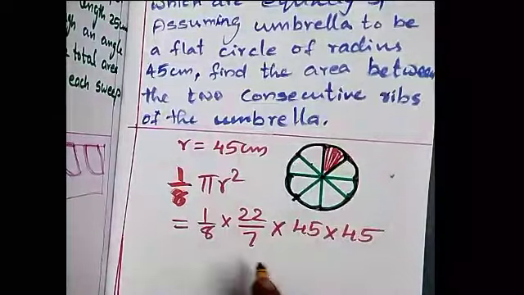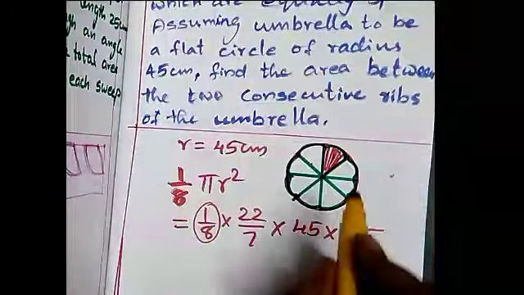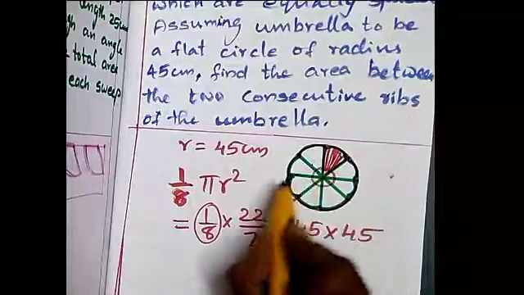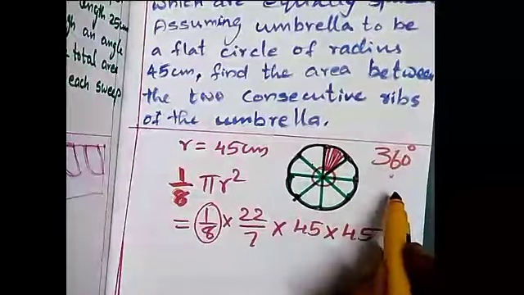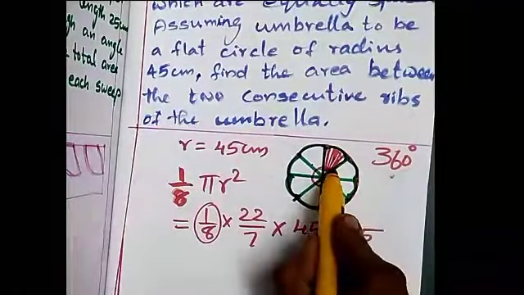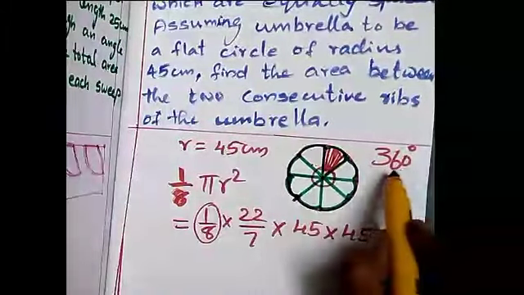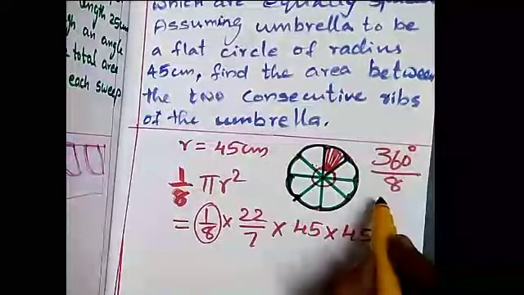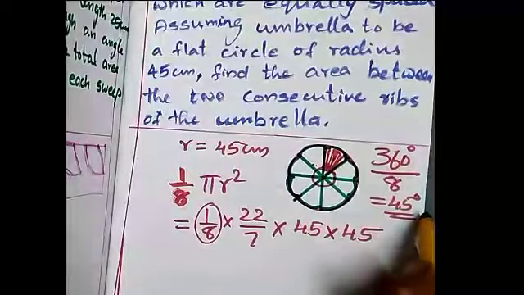Understand? Another idea: you have seen 1 by 8. By formula, how can we find that? You know the total angle around the center is 360 degrees. Now this 360 degrees we are dividing into 8 equal parts, so each angle is 360 by 8, which is the same as 45 degrees.